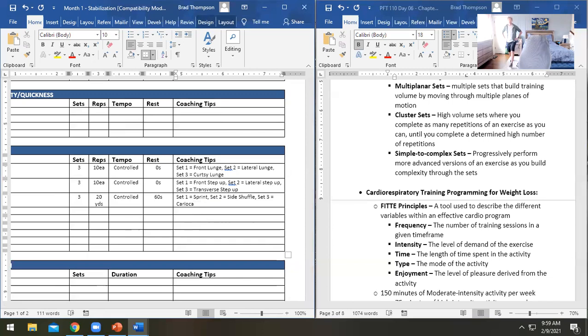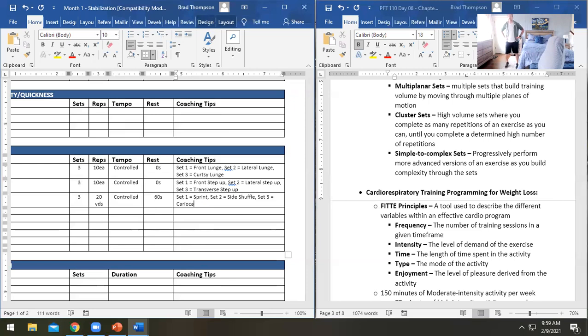So for set 1, my client's doing maybe forward walking lunges, and then a step up on their bench. They're just going forward. And then they're going to sprint. But set 2, now they're going to do a side lunge. They're going to look this way and do a side step up. And then they're going to do a side shuffle as they're running.